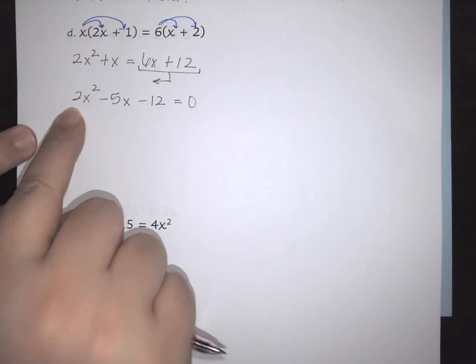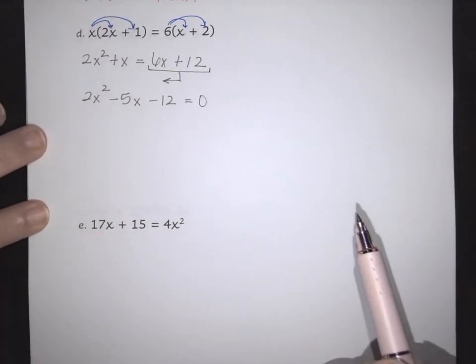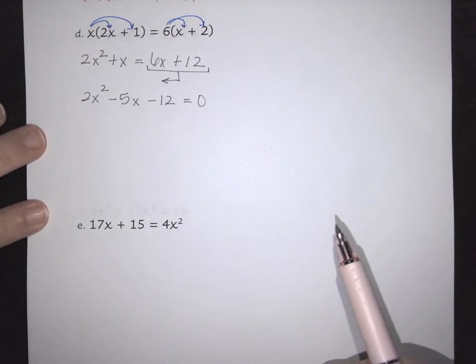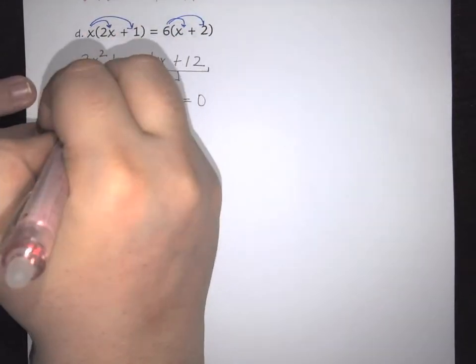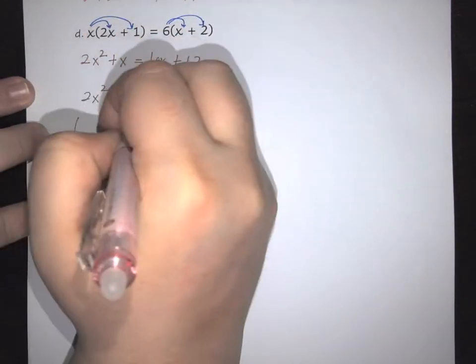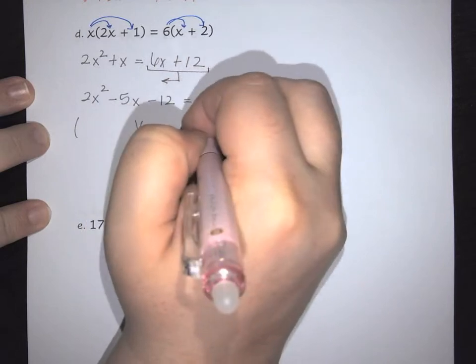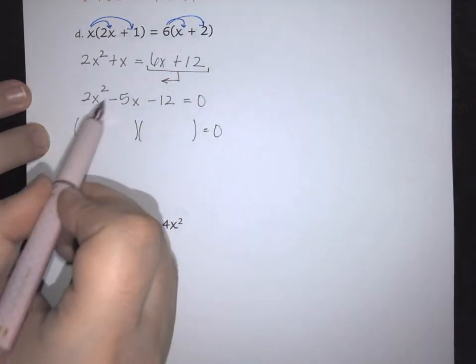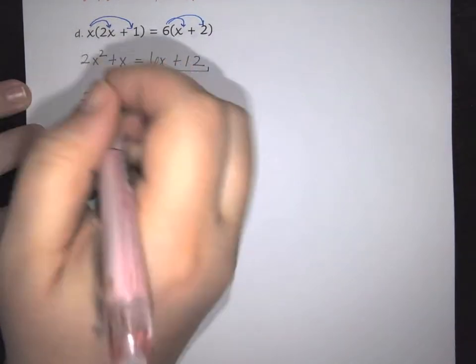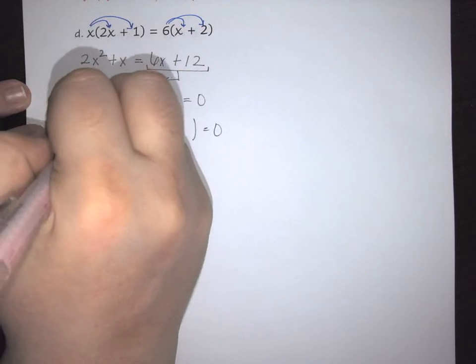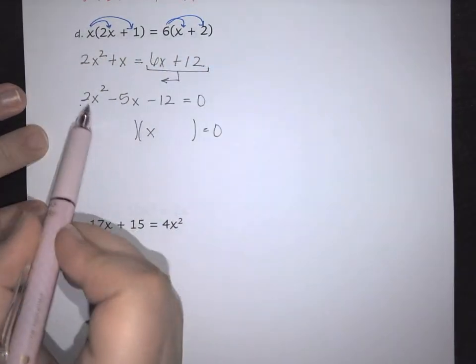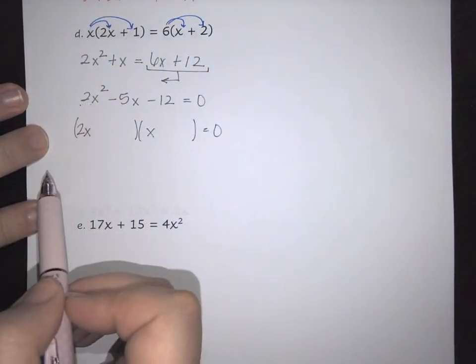And so here, one of the things that we can do to solve is you can use the reverse FOIL method, and I can show you how that works. Here, because my coefficient is greater than 1, what I have to remember is this first term has to break. The only way a 2 can break is into 2x and x, so factors of 2 are 2 and 1.